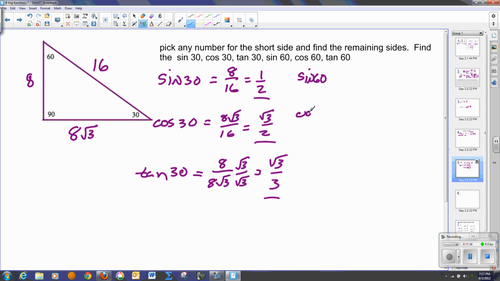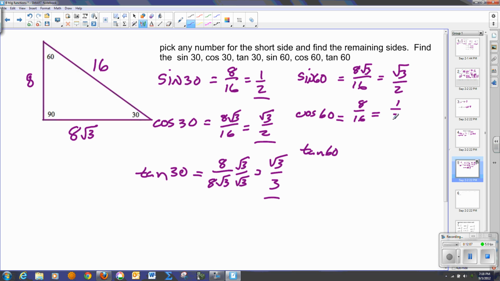Now I'll find the sine of 60, the cosine of 60, and the tangent of 60. So sine of 60, I take a look at my 60, it's equal to the opposite over the hypotenuse. So that's 8 root 3 over 16, which is root 3 over 2. Cosine of 60 is the adjacent, which is 8 in this case, over the hypotenuse of 16.